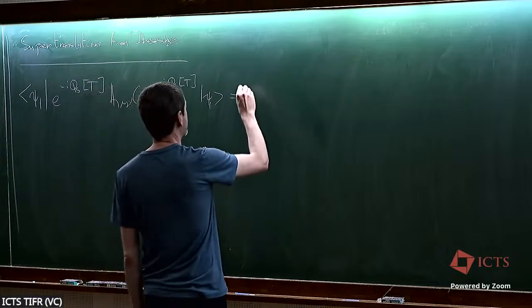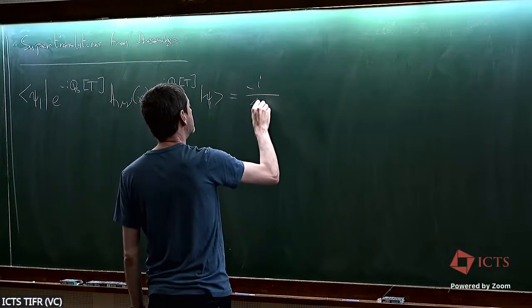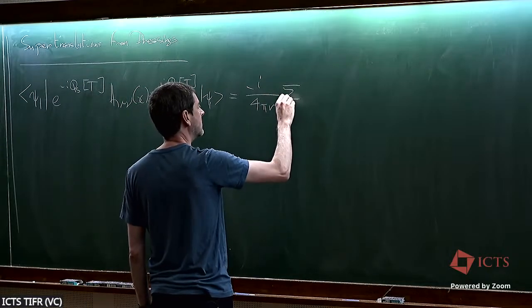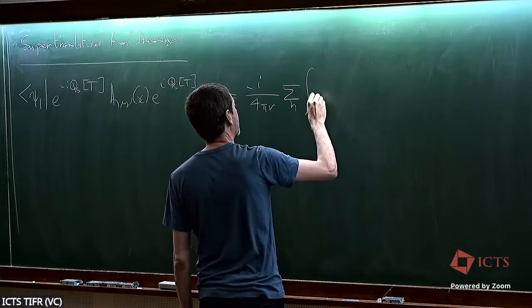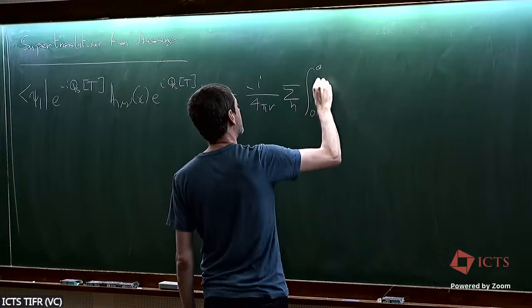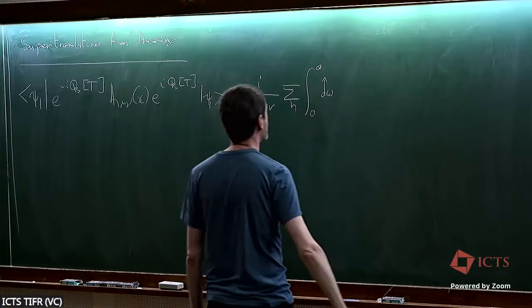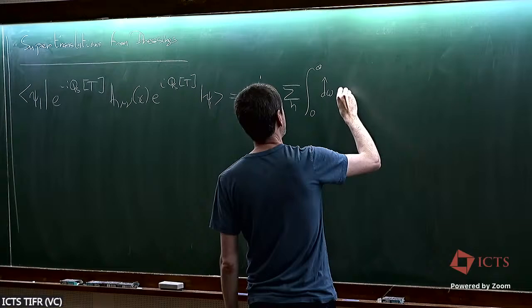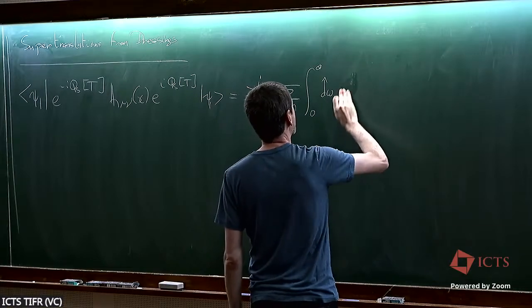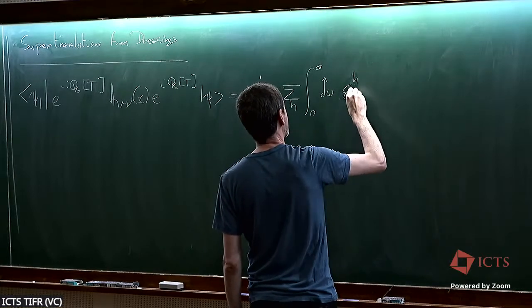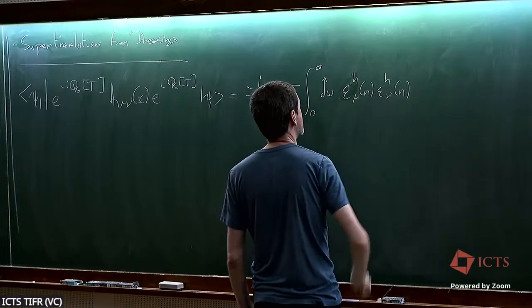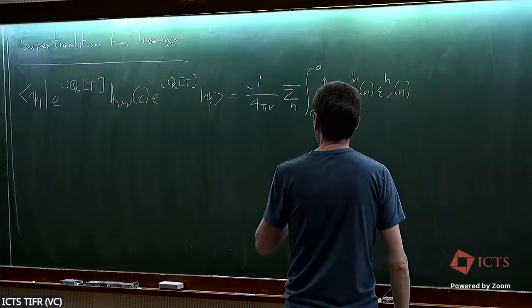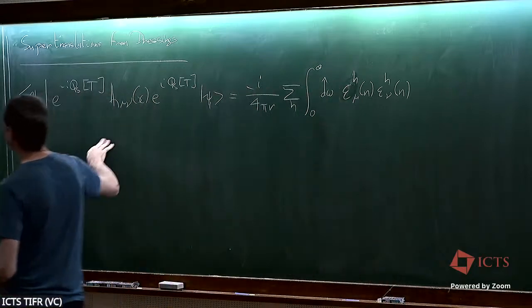So we'll have minus I over 4 pi r. The sum on helicities, integral d hat omega, polarization vectors. And okay, so and then the dressing factor.